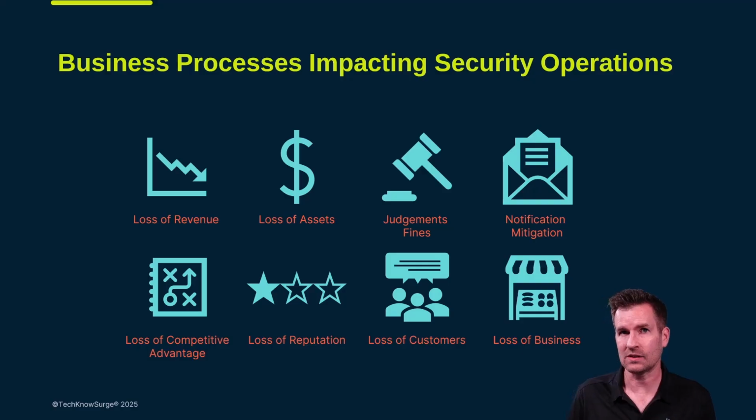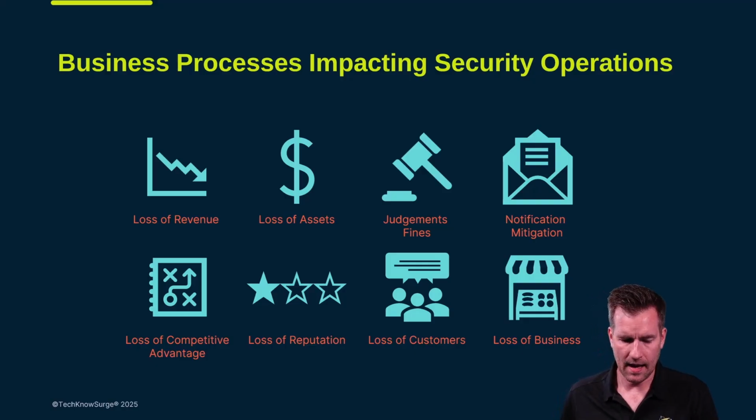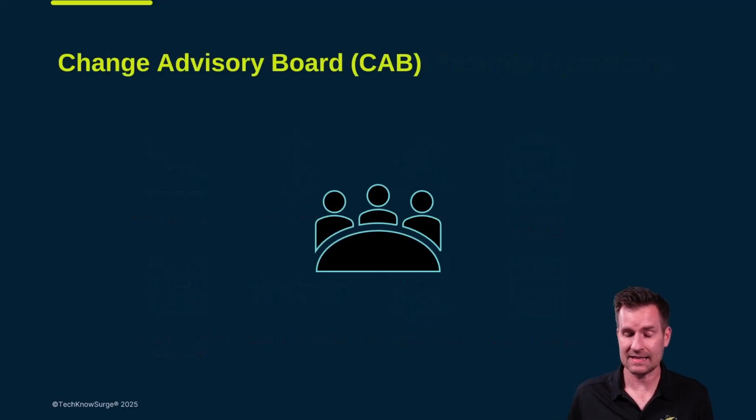In fact, something like 60% of small businesses go out of business within 6 months after a cyber attack. It will put businesses under, and usually does, at least small businesses. So this is a critical thing that businesses need to address.